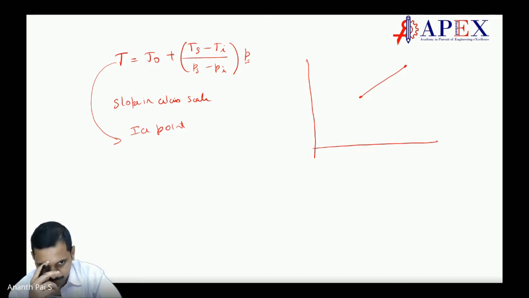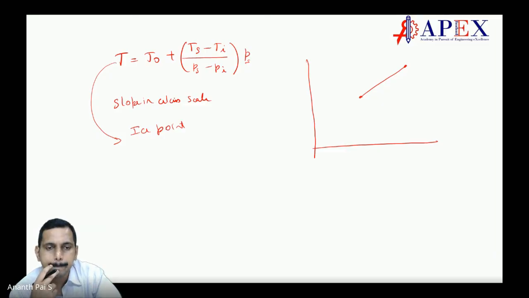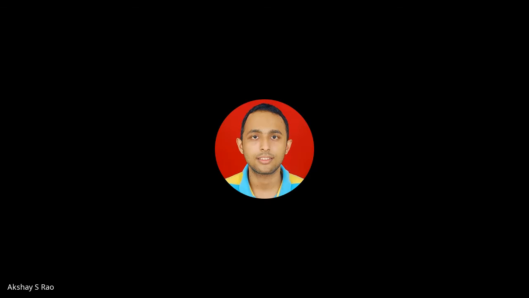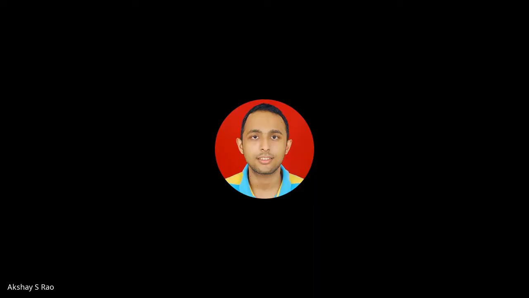Just a second, students. I think I have made a mistake. Now we need to find out the absolute zero in the RK scale. We can do that by comparison of scales.